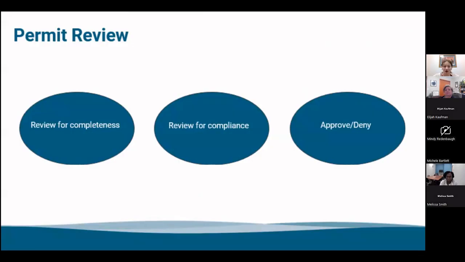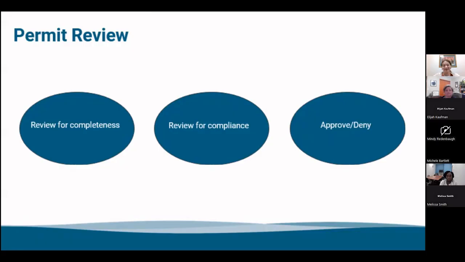You want to verify that all activities will meet your community's ordinance requirements. All engineering documents should be examined by the community's staff engineer or by us here at the Floodplain Division. And once you've reviewed for completeness and reviewed for compliance, you will make that decision to approve, deny, or request more information.